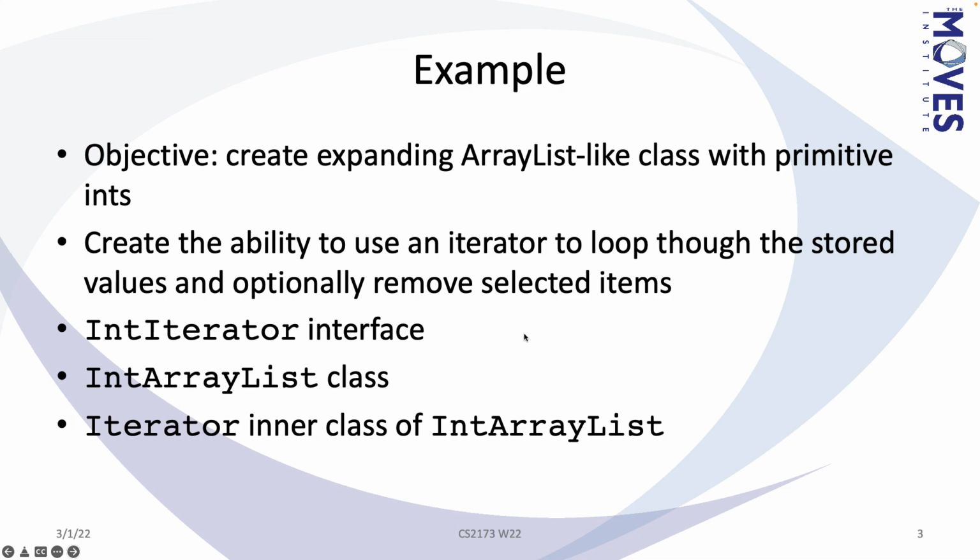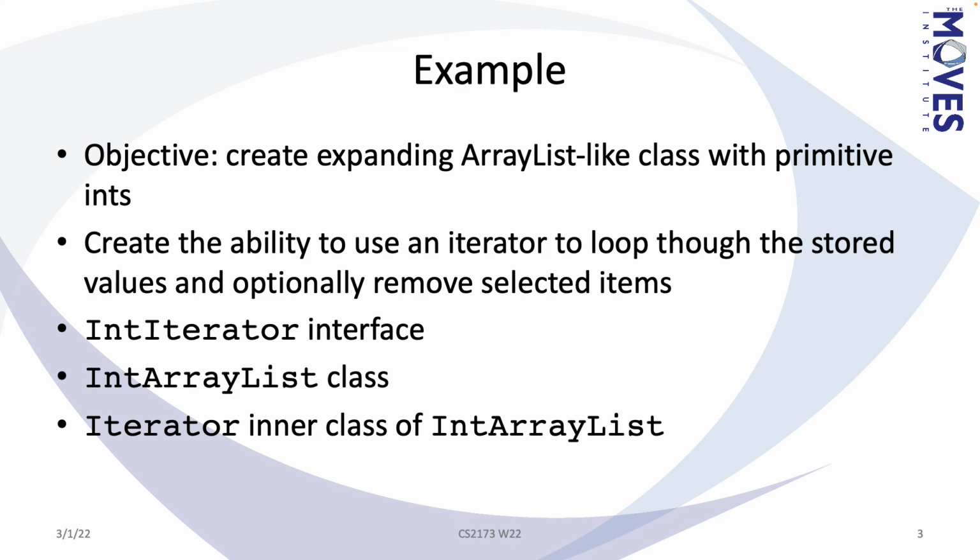Okay, so this is going to illustrate that we're going to have an IntIterator interface, which I'm going to define. Unfortunately, because of generics, it would be wonderful if I could use the Iterator interface from collections. But I can't because I'm dealing with primitives, and because of generics, that will only deal with Integer objects.